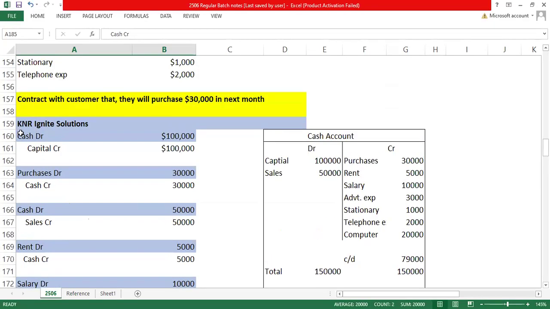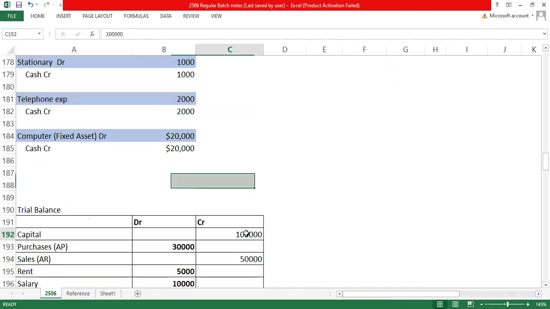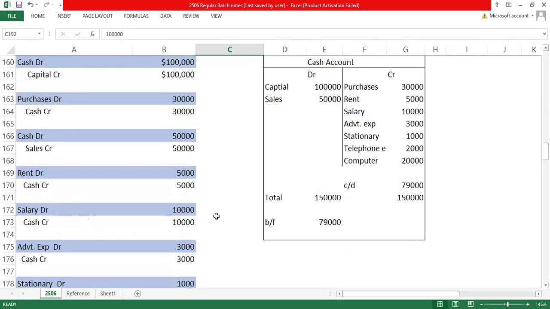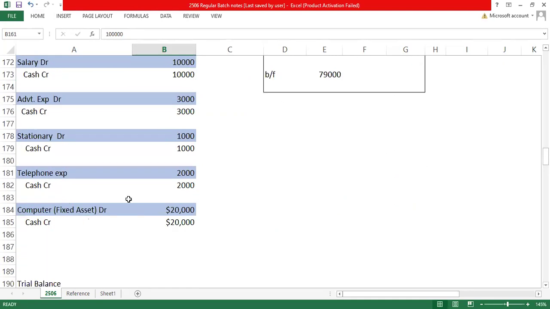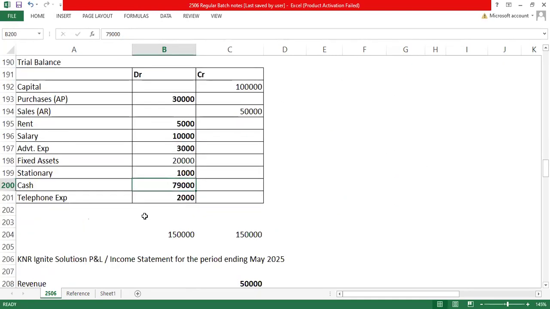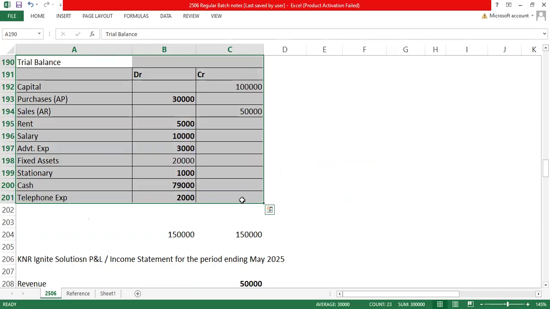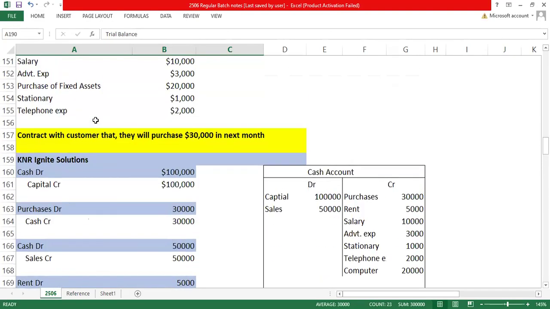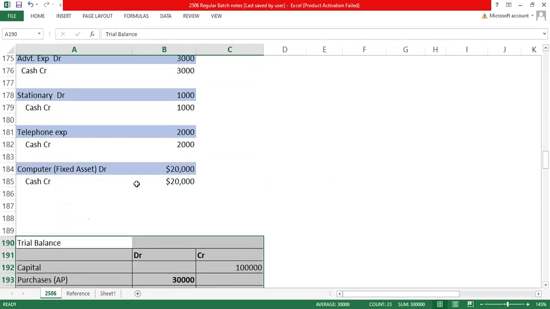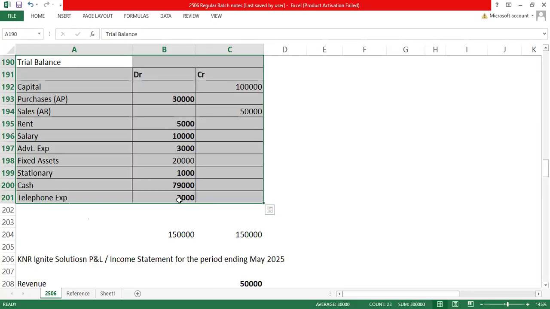Now the capital, this 100K, is divided in the form of cash here in a different picture. 79 is my final cash, spread across these many transactions. Now, to understand whether I updated everything or missed any transaction, this statement will tell you whether all the transactions that happened in a business are considered. Now it is fine.